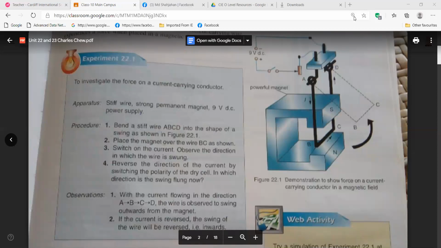So you take these notes on your paper, please write it. If we increase the current or if we get a stronger magnetic field, I'm writing here.